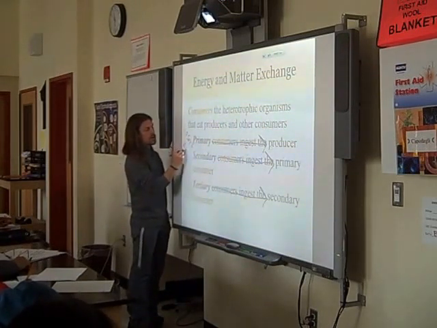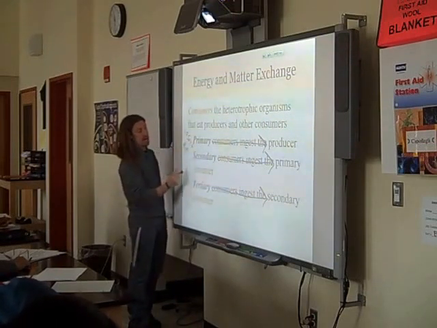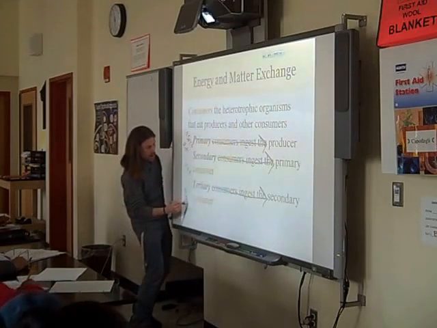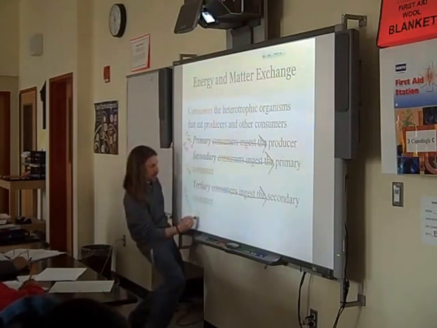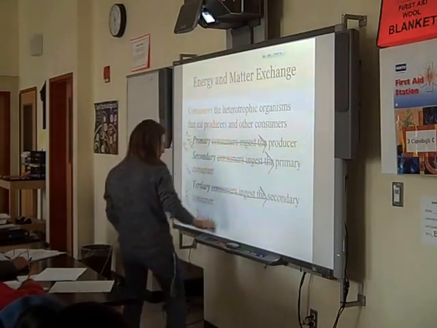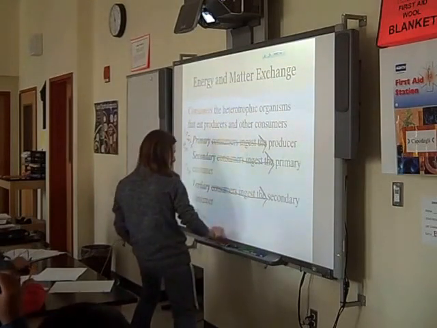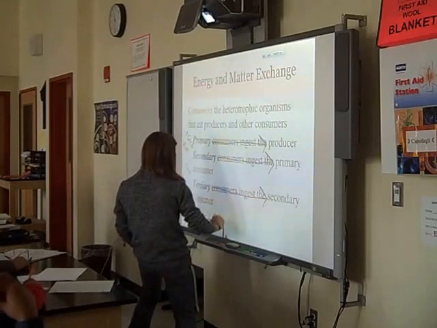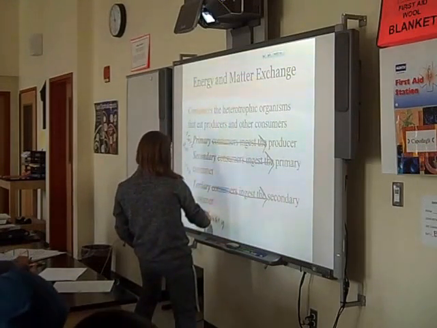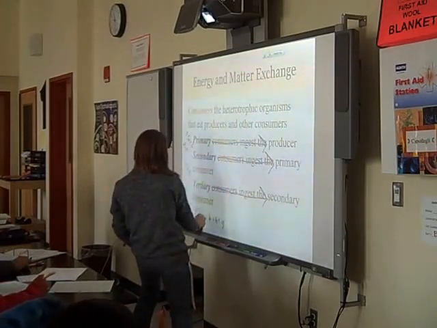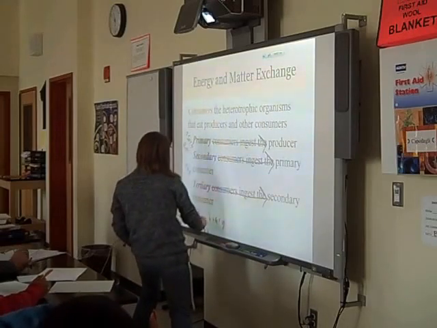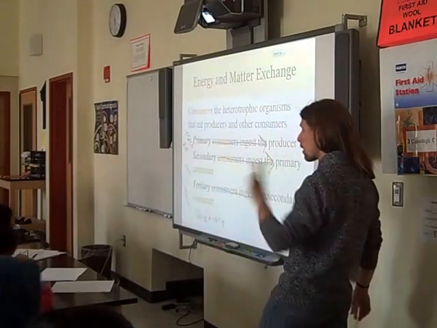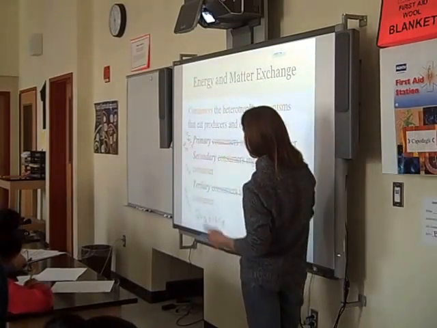In our scenario earlier, our rat would be our secondary, our cat would be our tertiary, and if we wanted to include the hawk, that would be our quaternary. Did we understand that? Great. So what we've done is we've taken our Do Now and applied this to it.